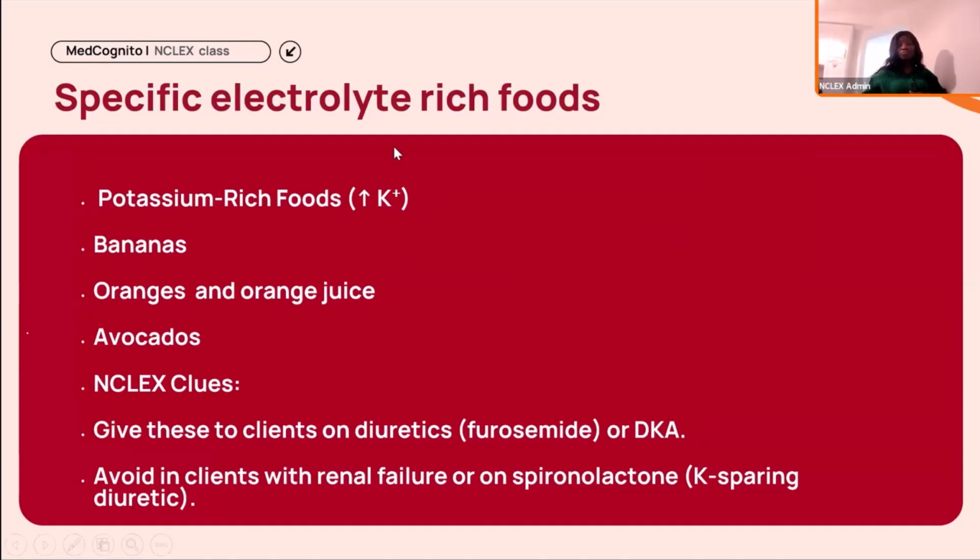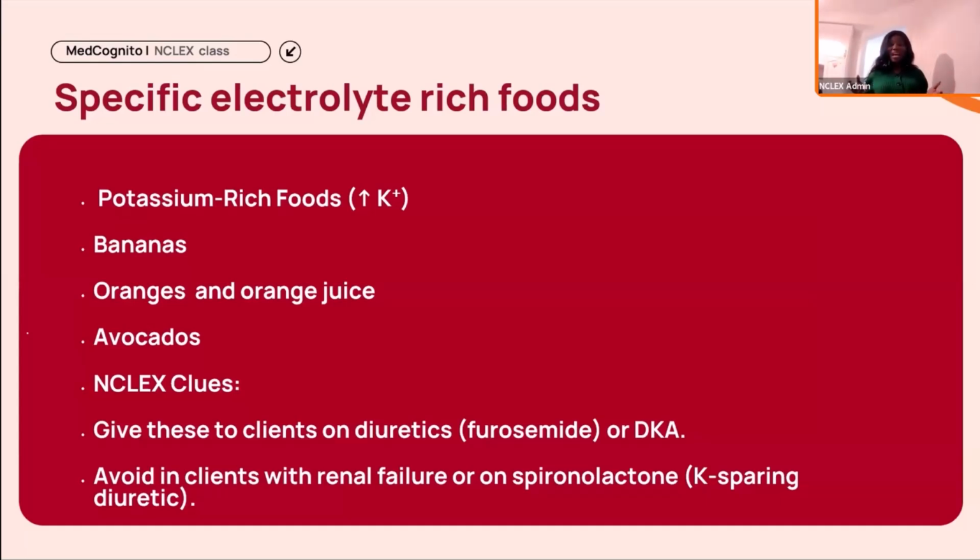You would see some food nutrients, and then you're supposed to deduce the kind of electrolyte that food nutrient contains, so that if a client has hyperkalemia and you are being asked, select all that apply, which of these foods should be avoided or which of these foods can the client take.